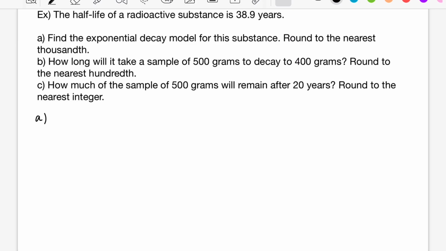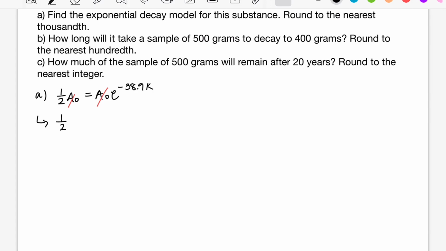So using the same reasoning, we have that our A of t is going to be 1/2 times A naught when t is equal to 38.9. What we want to do is find our k here, and we know that we're going to have this minus here because we're looking at exponential decay. So these guys will cancel here.